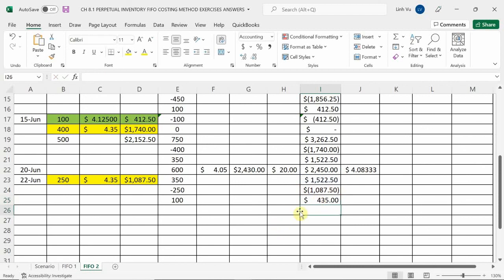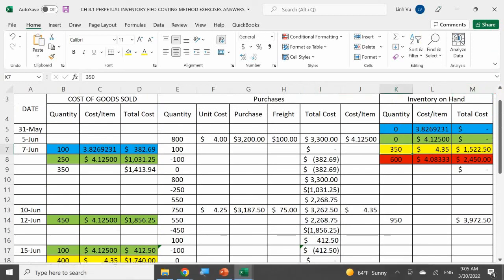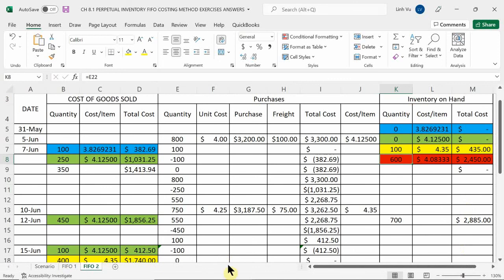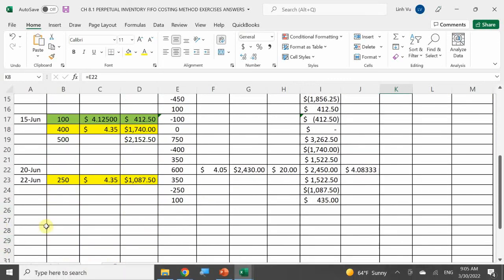I should have a total of 435, right? 100 times $4.35 is going to give you the same exact answer. Okay, so 100. Right? So now I should still have left 700 units. Okay, and I just got rid of that one right there.